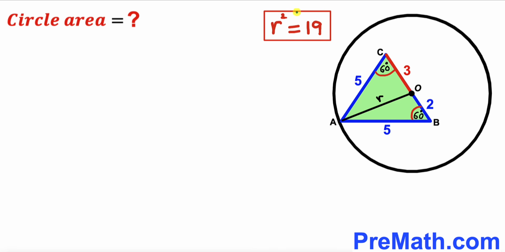Thus our r squared value turns out to be 19 using triangle AOC.